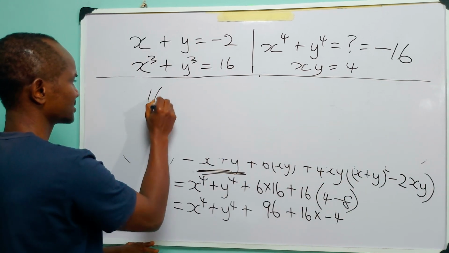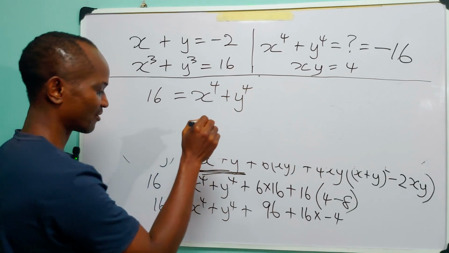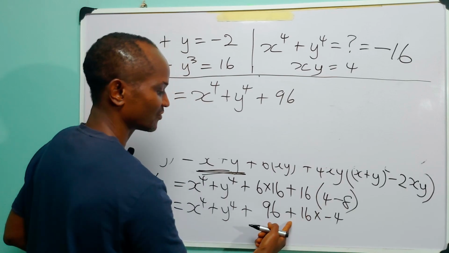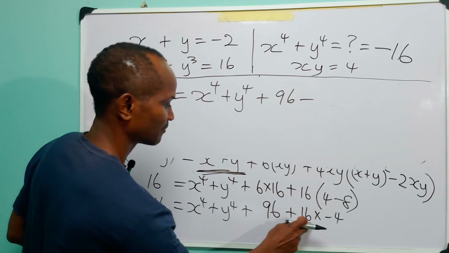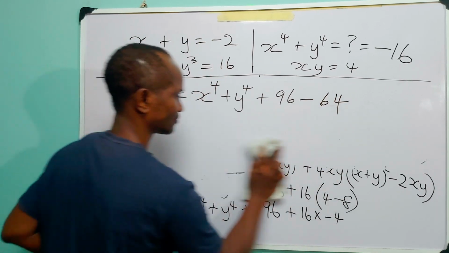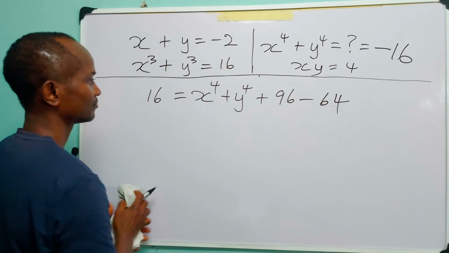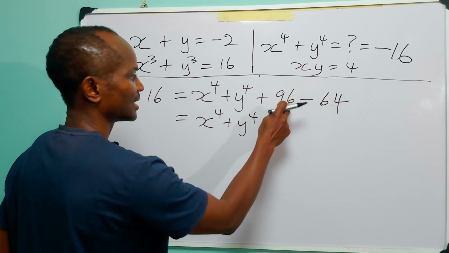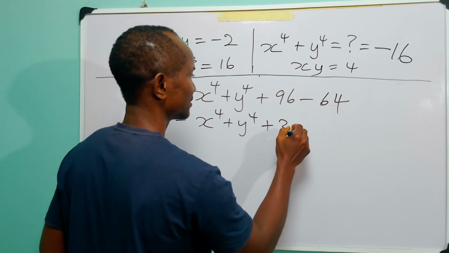So we have that 16 is equal to x raised to power 4 plus y raised to power 4 plus 96. Because of this, we have minus 16 times 4 is 64. So we have that 96 minus 64 is equal to plus 32.